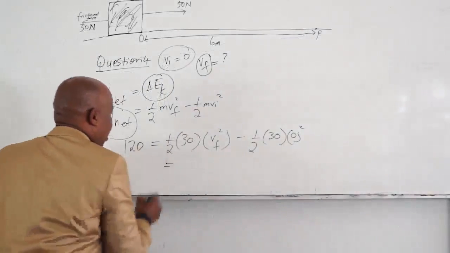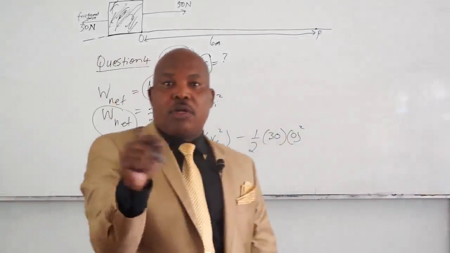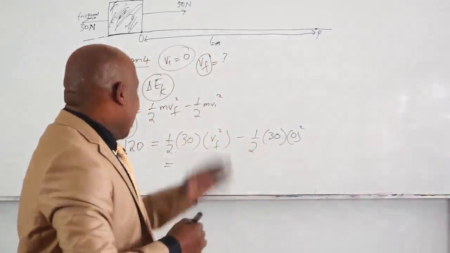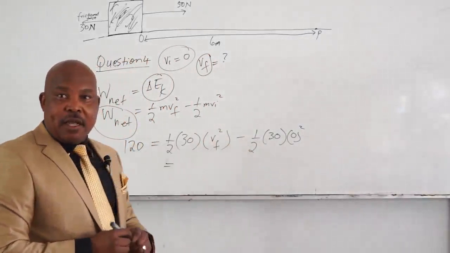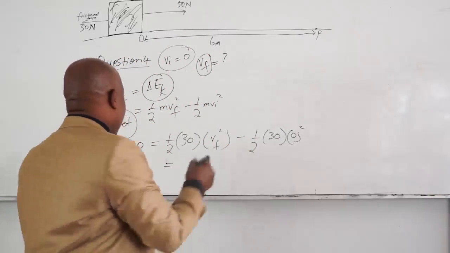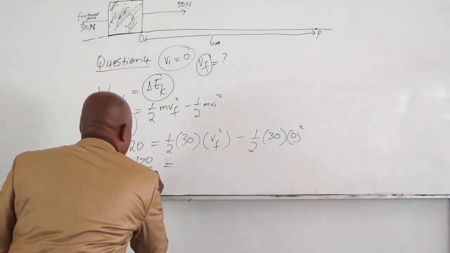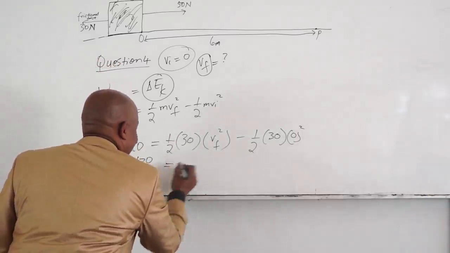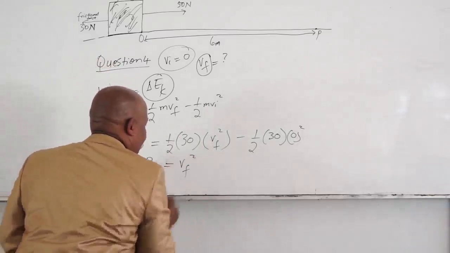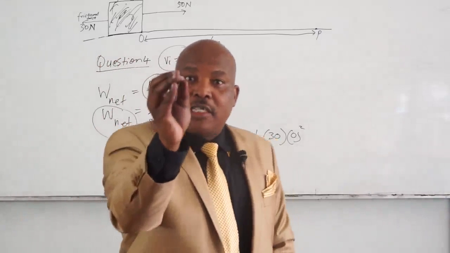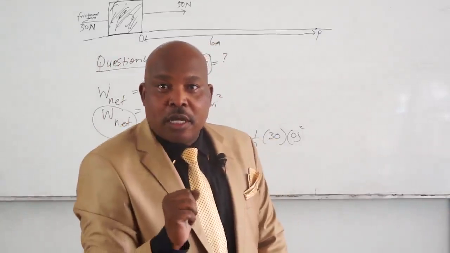Then we work on this one. Now, you can take your calculator and start to calculate. But it's easy. Half of 30 will be 15. And then you take 15 to this side, you divide, 120 divided by 15, and then V squared. Remember, it's squared, so you must find the square root.